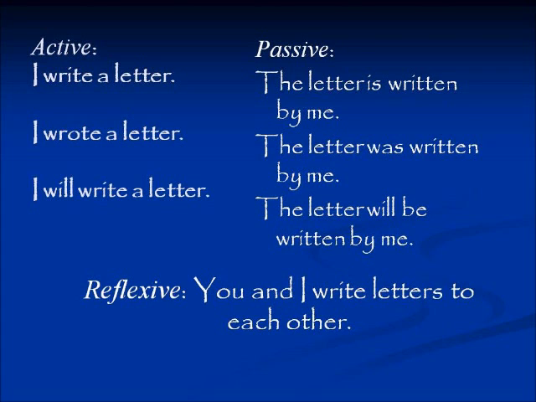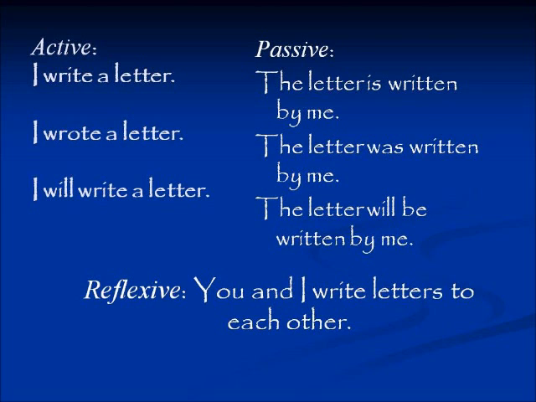For example, if I dress myself, that will be a different binyan in Hebrew than if I dress my child. We're going to get to all of it. So here is the idea in the word, actually, write in Hebrew, katav. In the reflexive, it is that you and I write letters to each other. We go back and forth.